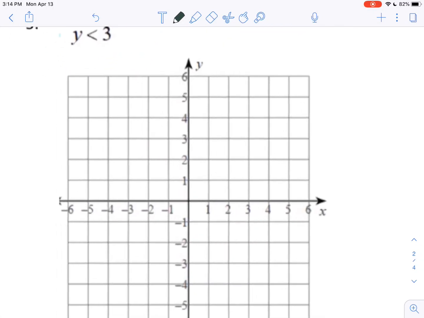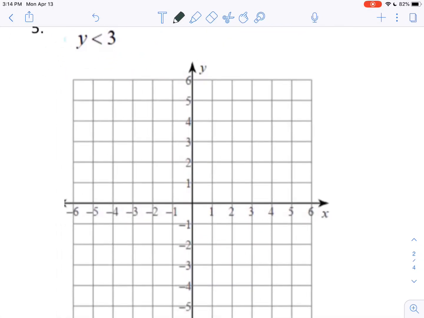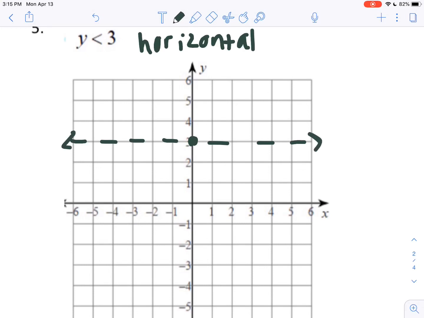Okay, and this one, remember y without an x, that's horizontal. So I'm going to put a point on 3 on the y-axis. There is no line underneath my inequality, so this has to be dashed. And this is saying all the numbers on the y-axis that are less than 3.